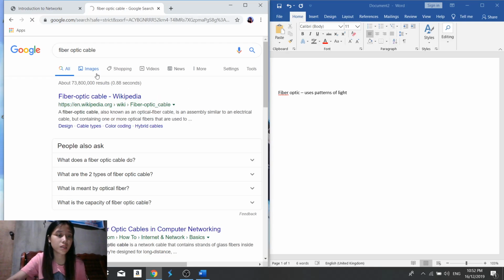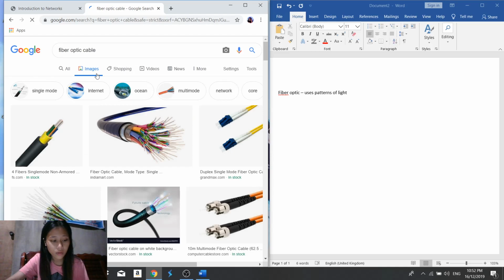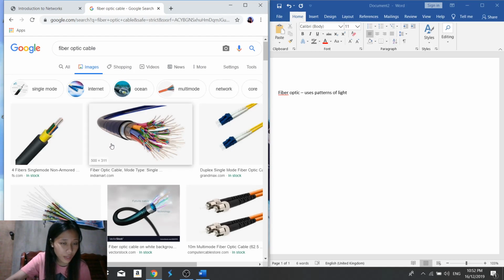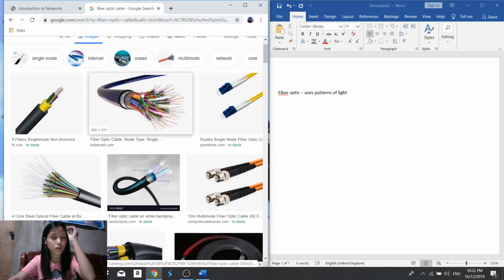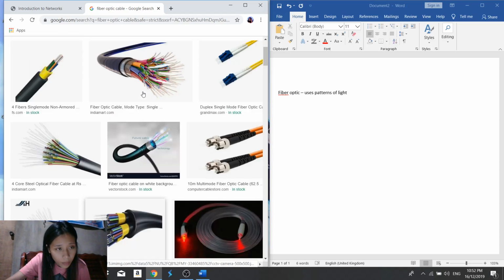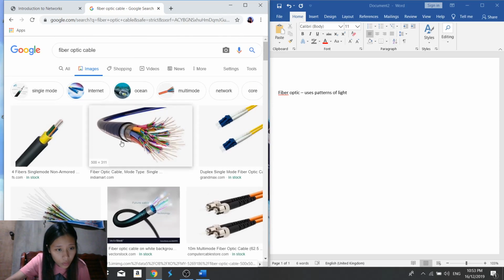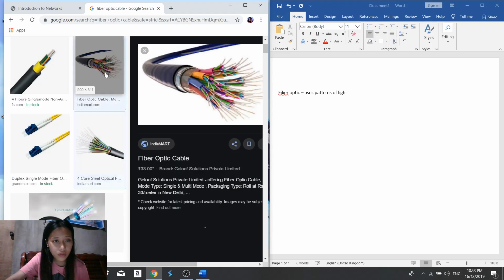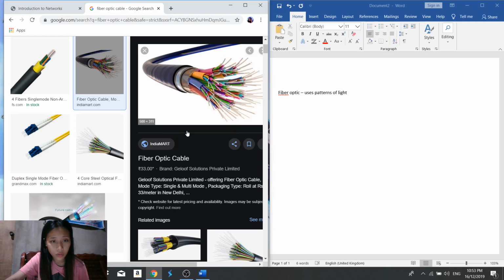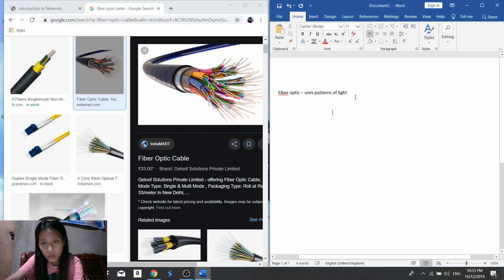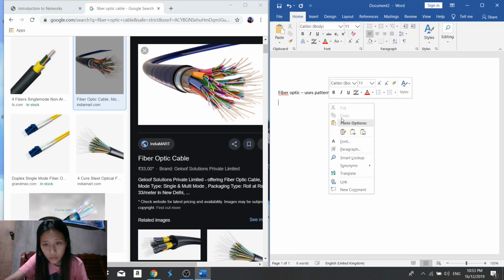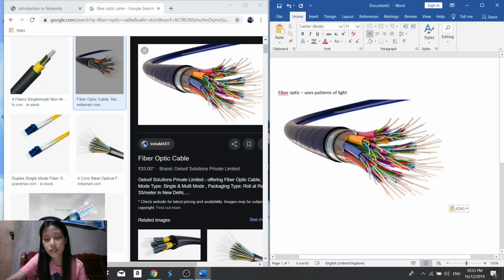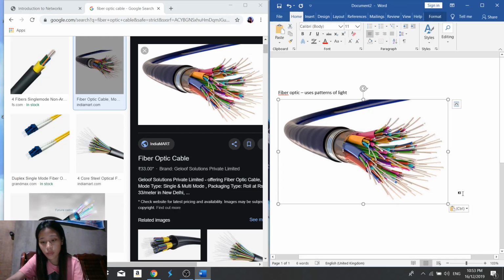As you can see in here, we have different types of fiber optic. I'm going to put this as an example. So this is the fiber optic, it uses a pattern of light. This is the fiber optic cable.